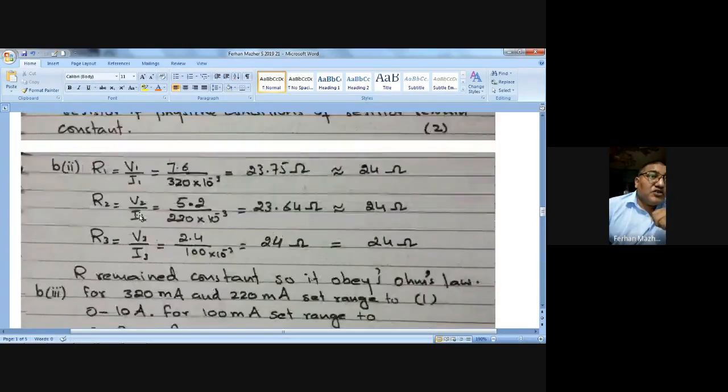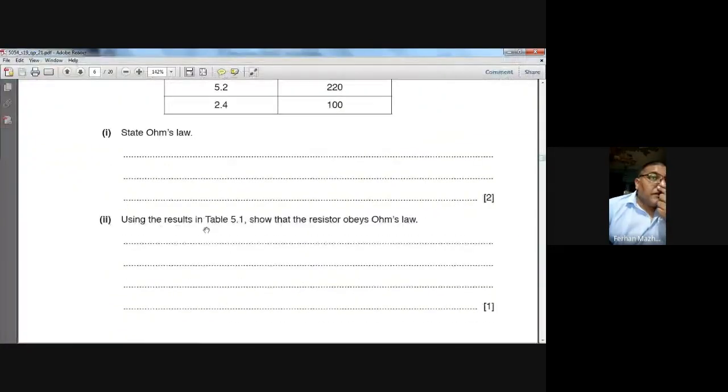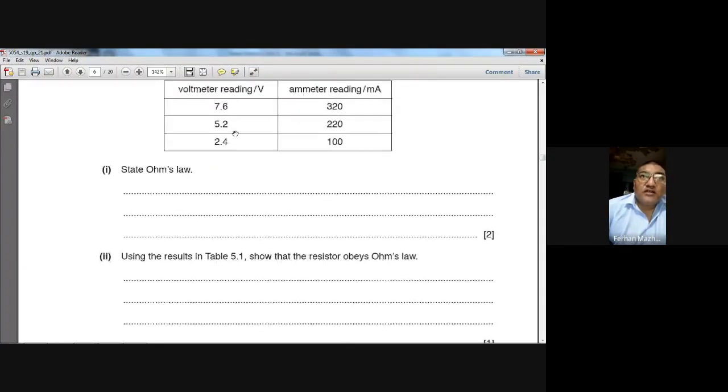Okay, so the next part: using the results in table 5.1, show that the resistors obey Ohm's law. If they are obeying Ohm's law, I have different values of the voltmeter and different corresponding values of the ammeter.